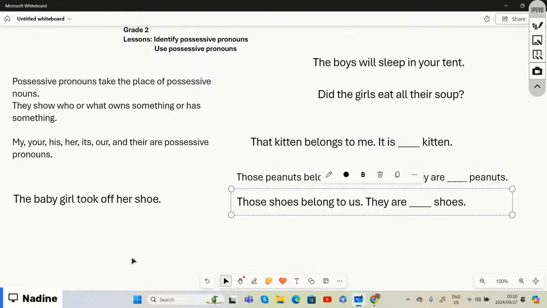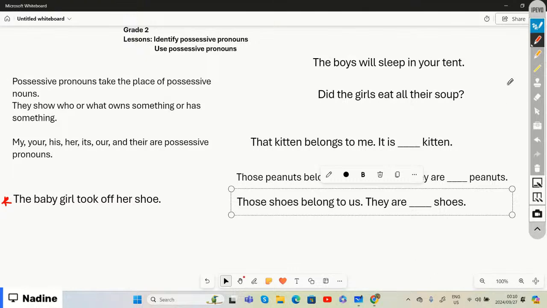So if we look at this sentence over here, it says, the baby girl took off her shoes, right?